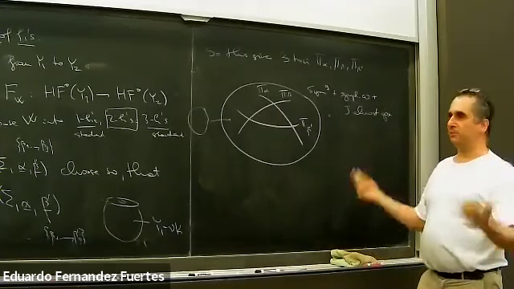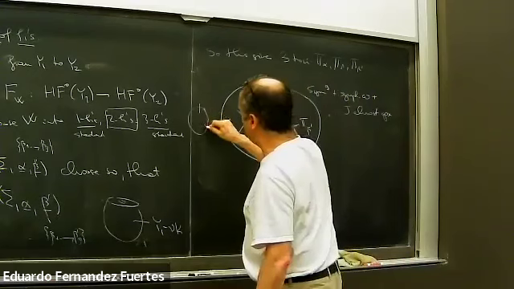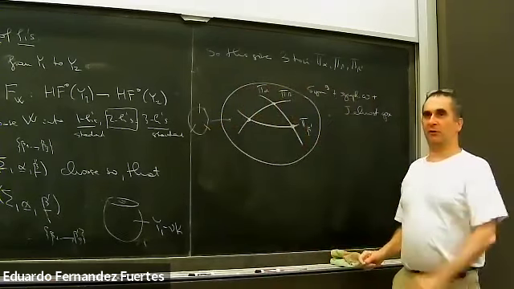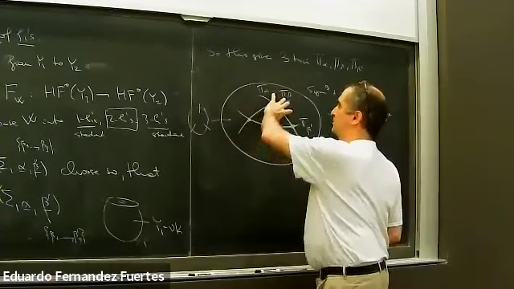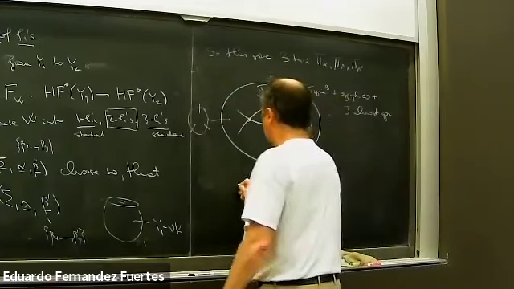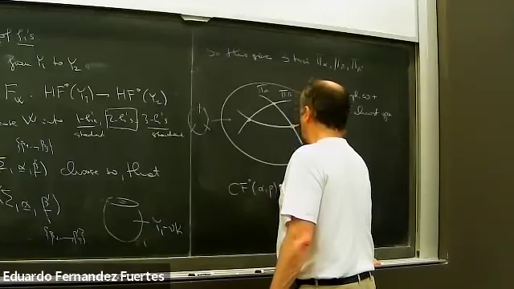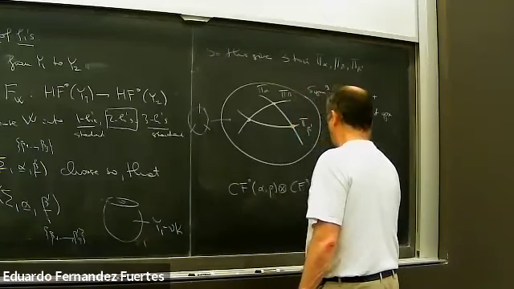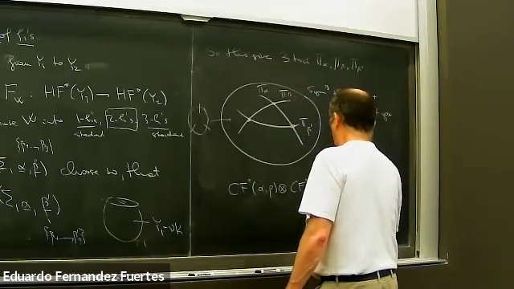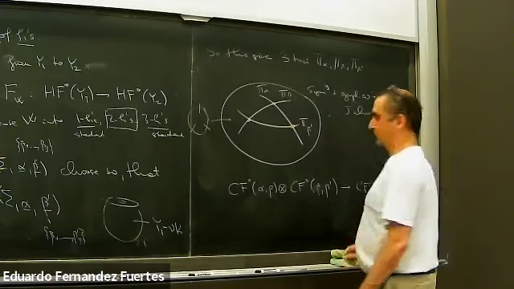So we now run the previous program, but instead of considering holomorphic disks, we are considering holomorphic triangles by picking 3 intersection points, one from each pair of Lagrangian tori, and then we just map this with the similar boundary conditions, which I will not explain. This gives a map from CF-hat of alpha and beta, tensor CF-hat of beta and beta prime, to CF-hat of alpha and beta prime.